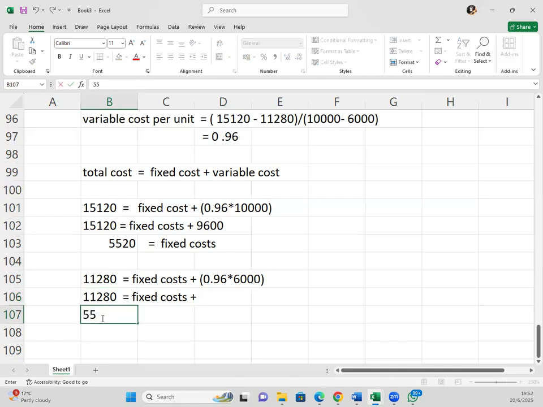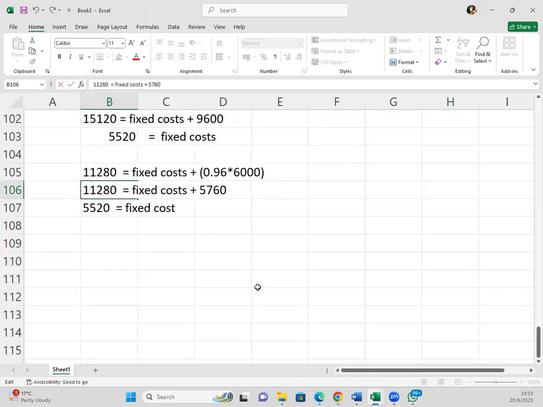So 5,520. This one is 5,760. So what did I want to bring out? I wanted to bring out that the fixed costs in total do not change.